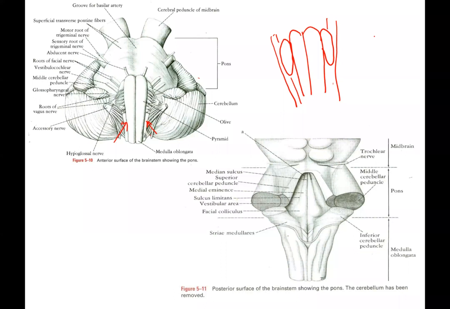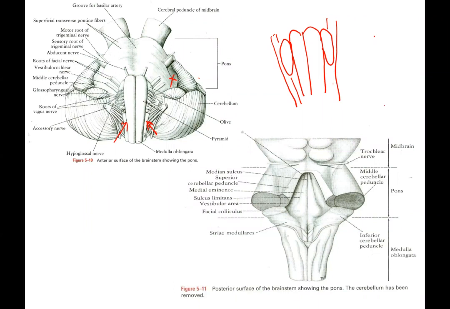We said the middle cerebellar peduncles connect the pons to the cerebellum. Inferior cerebellar peduncles connect the medulla to the cerebellum. Then you would wonder where the superior cerebellar peduncles are, which I didn't talk about when I talked about the midbrain.